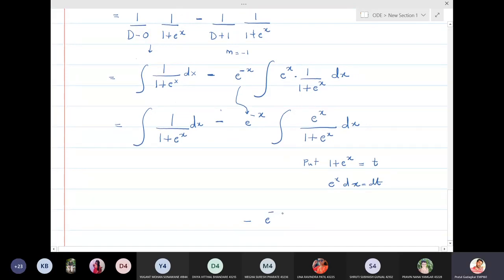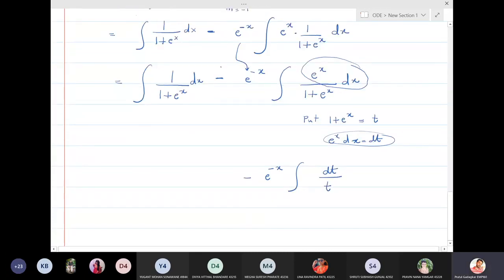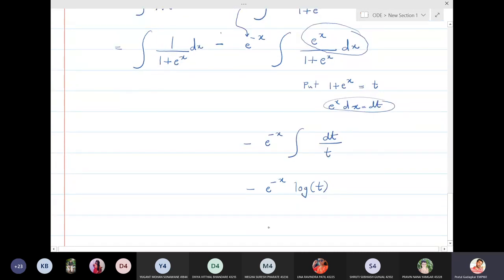E raised to minus x, integration e raised to x into dx will become dt upon t, where 1 plus e raised to x is equal to t. And integration dt by t is log t. So e raised to minus x log of t, but who was t? T was 1 plus e raised to x. So the second integration is done.